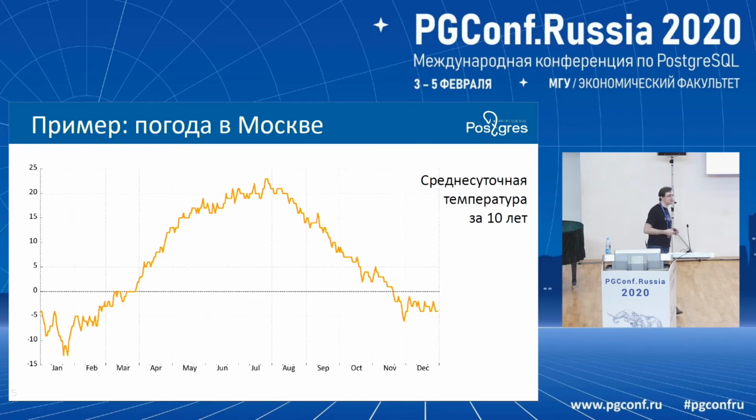An example which I will use is the weather in Moscow. I have a table which stores data for 10 years about the temperature measured in Moscow. Every day we have 8 measurements with a 3-hour interval, and this is the average temperature month by month on this graph.